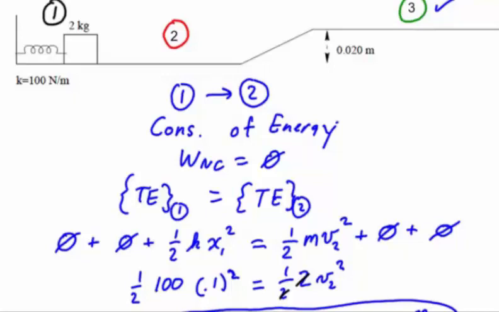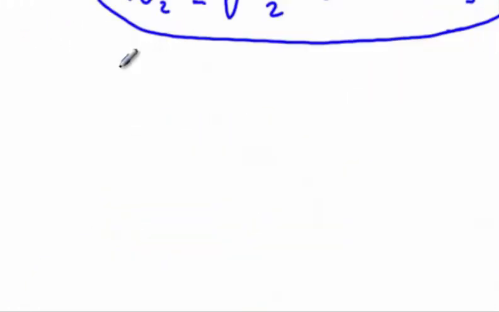Remember, looking at the figure, that moment 3 is on top of a hill of 0.02 meters, and the object is most likely still moving because that's a rather short hill.